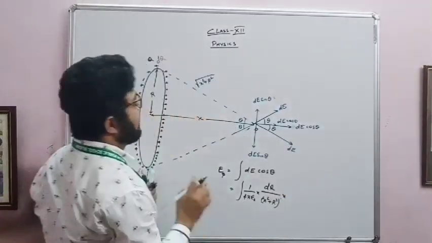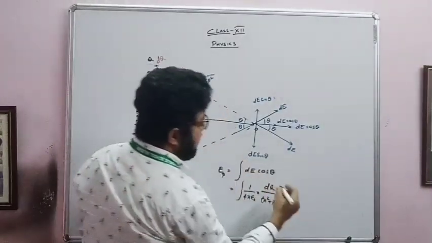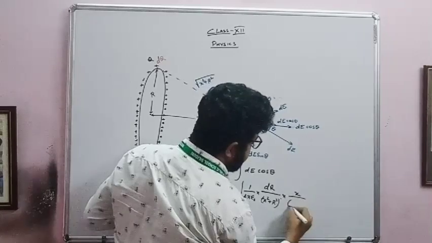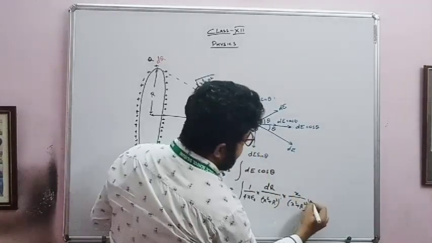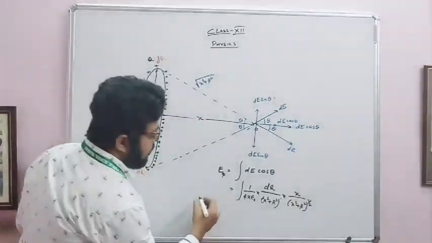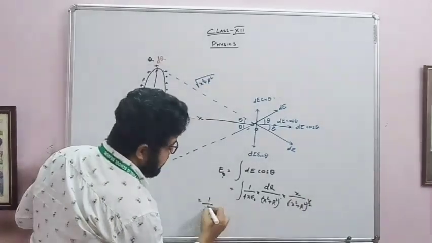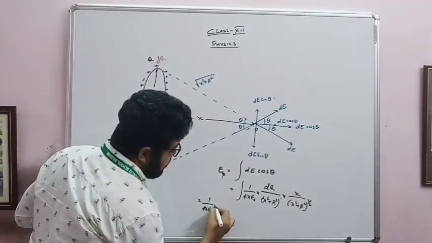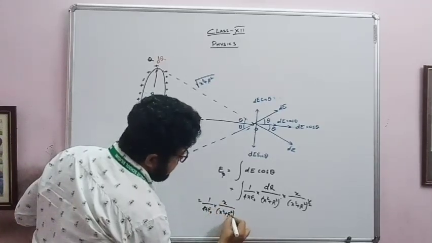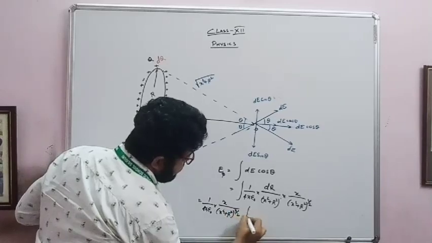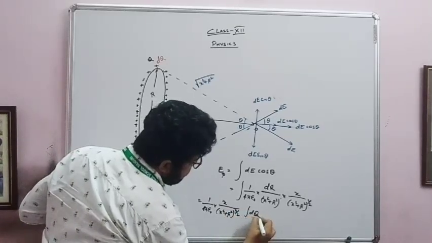Now cos theta, what do you mean by cos theta? Base upon hypotenuse, so we write x upon root of x square plus r square. Now we can remove the constant part: 1 by 4 pi epsilon naught, x by x square plus r square to the power 3 by 2, dQ.